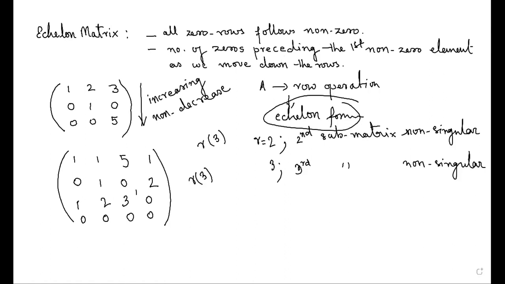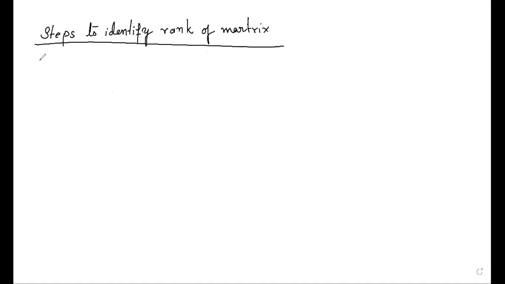Steps to identify the rank of a matrix. The very first step is, whichever matrix is given to you, first transform that matrix to its echelon form by doing row operations.